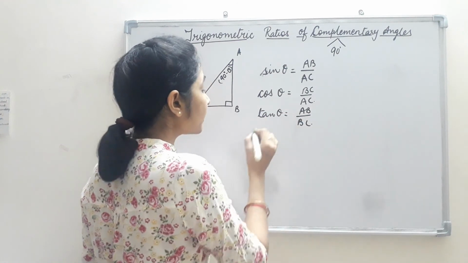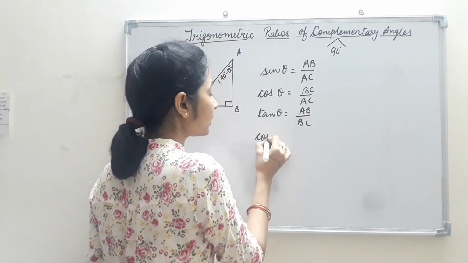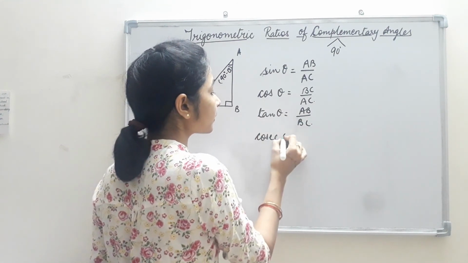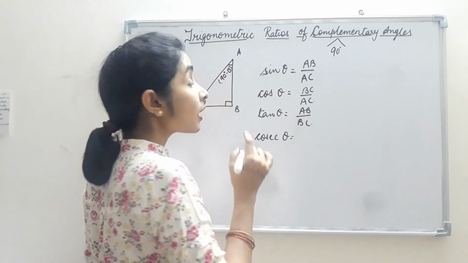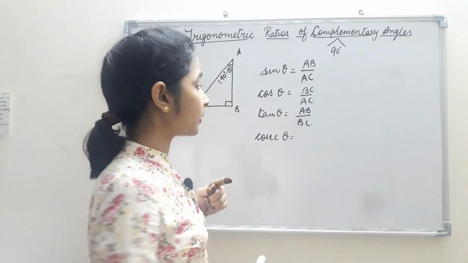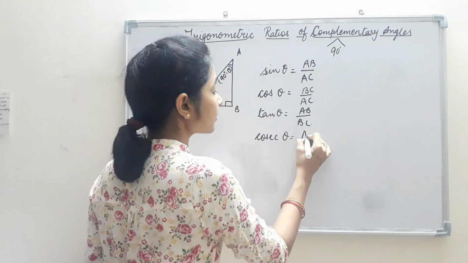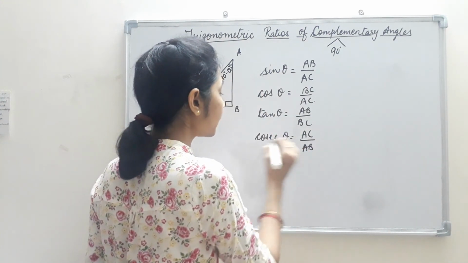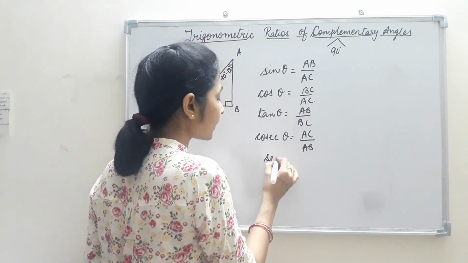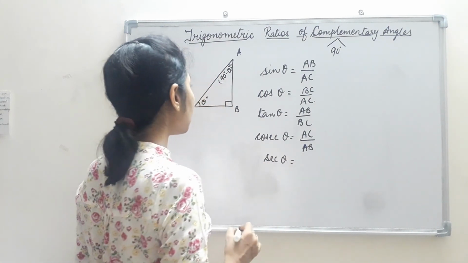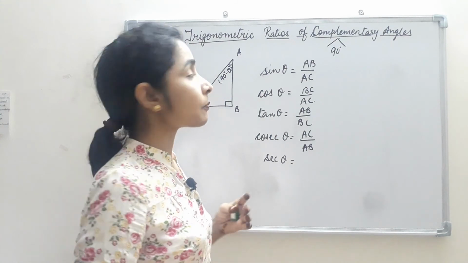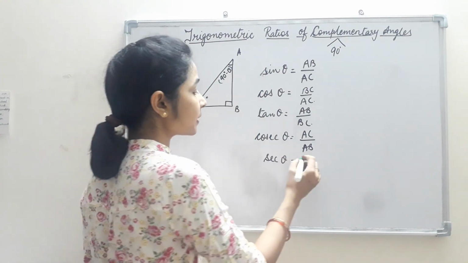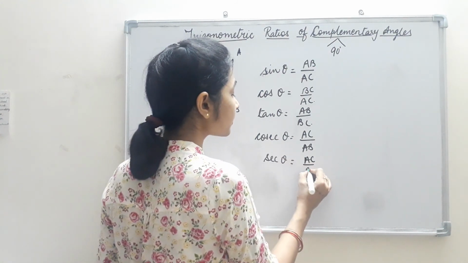Now next comes cosec theta, the inverse of sine. Cosec theta is equal to hypotenuse upon perpendicular. Hypotenuse is AC and perpendicular is AB. Next we come to sec theta. Sec theta is equal to hypotenuse upon base, so AC upon BC.